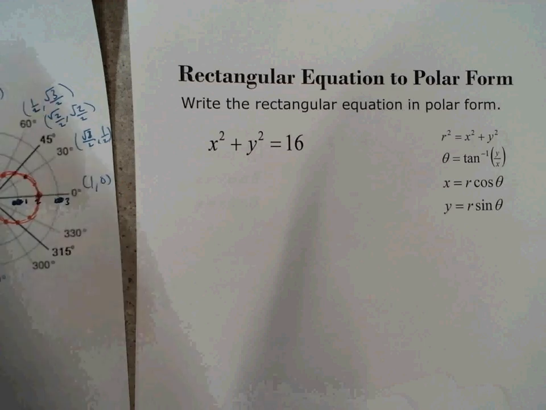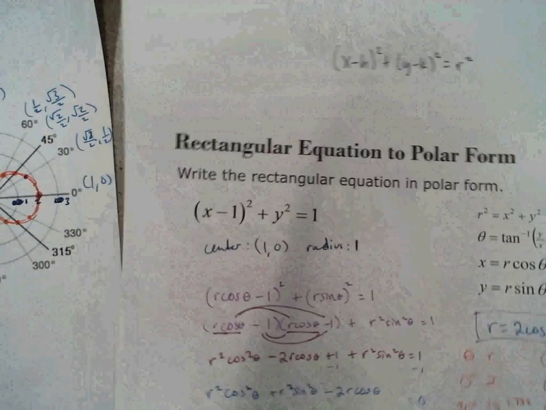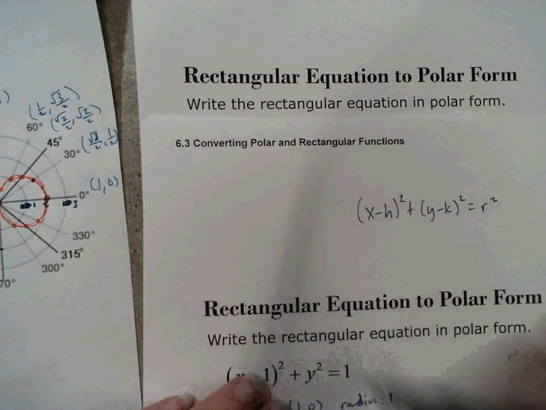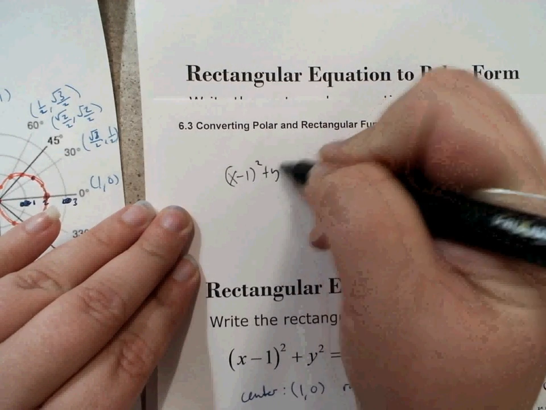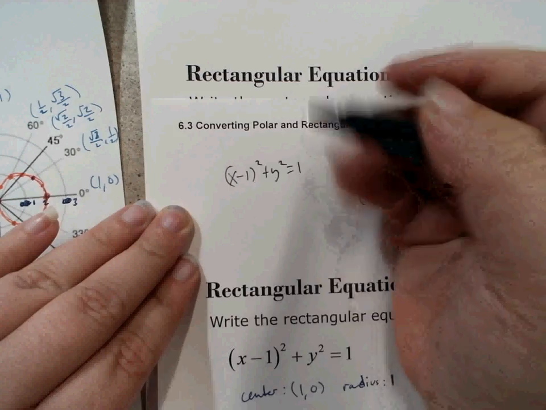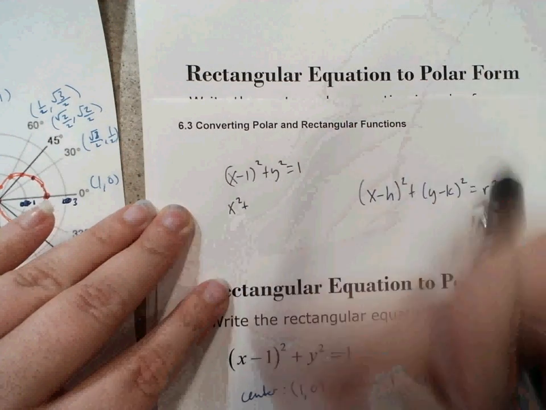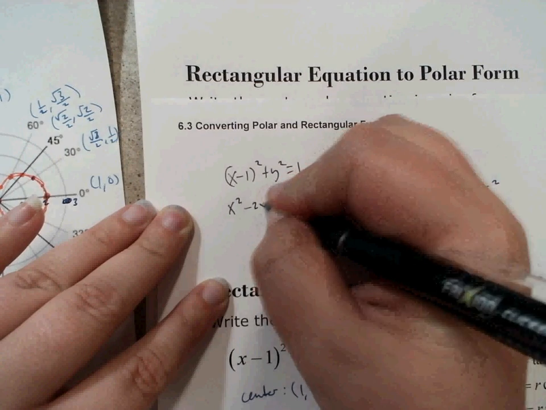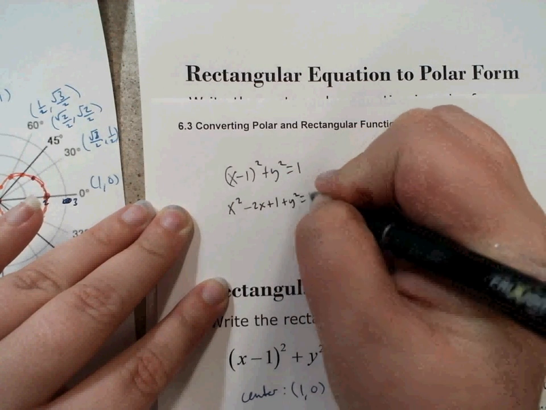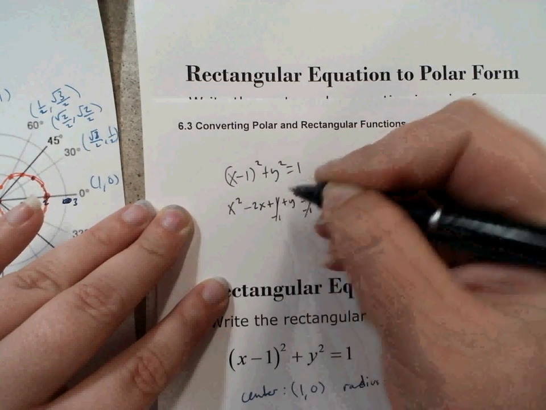Okay, let's talk about this one. Oh, well, okay, before I do that, I do want to say there's a shortcut if you think to do it. So x minus 1 quantity squared plus y squared equals 1. You could expand first, so x squared minus 2x plus 1 plus y squared equals 1. The 1s simplify each other out.